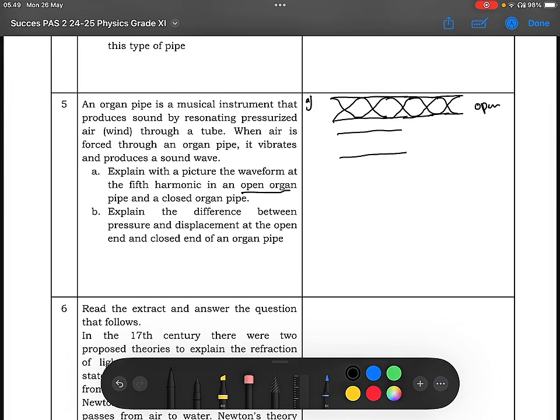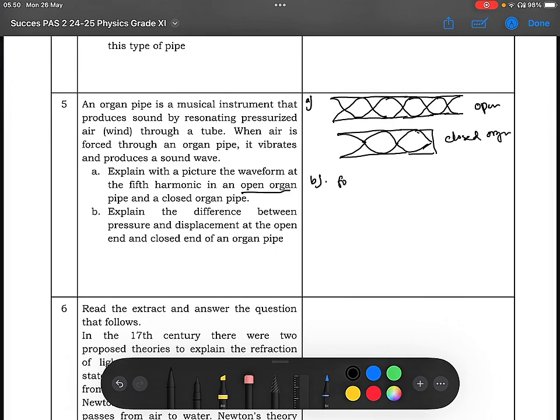Okay, so the closed pipe is again 1, 3, 5, but for the open pipe it is 1, 2, 3, 4, 5. And the B, explain the difference between pressure and displacement at the open end and closed end.